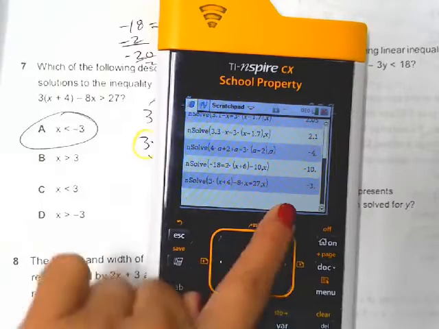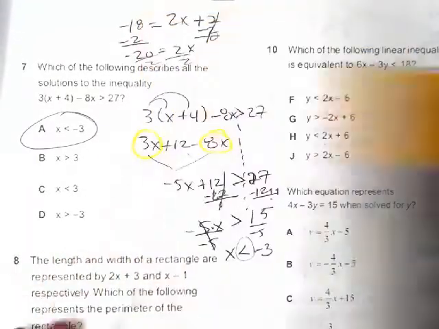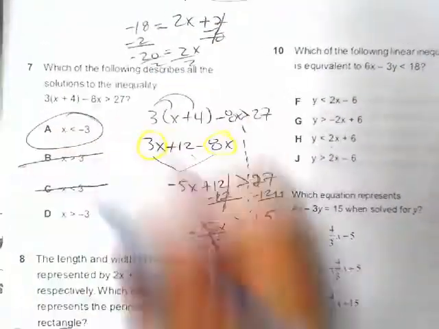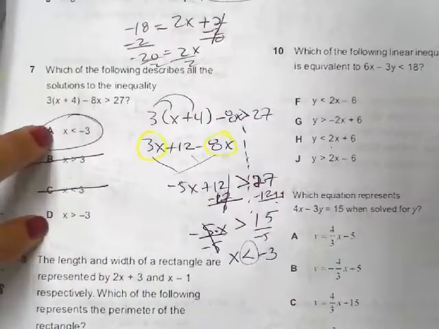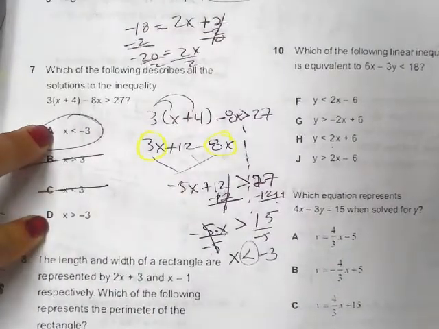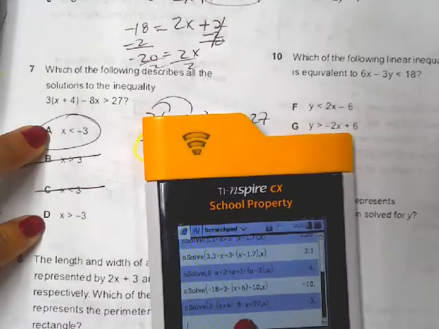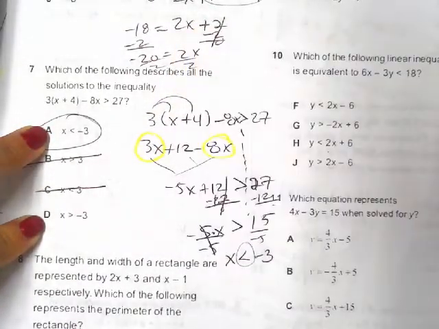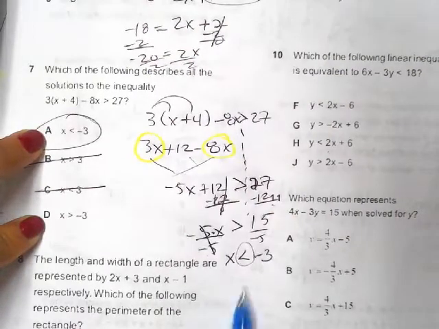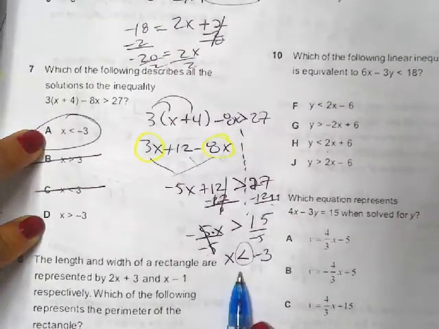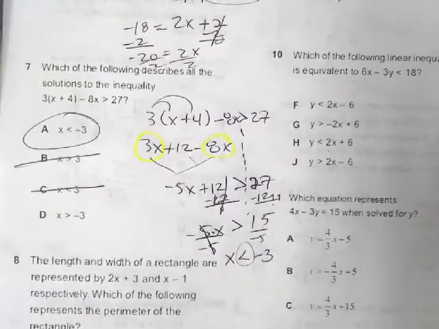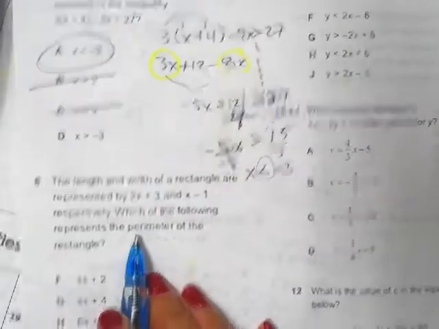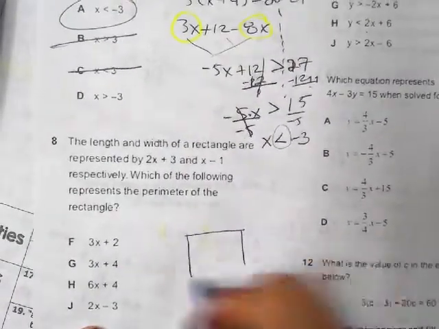At least it'll give me the correct number, and I know the answer should be -3. So at least I would have a 50-50 chance of getting this right if I wanted to use numerical solve. But I cannot use it with an inequality. It has to be an equal sign. Okay, but you have to do it by hand to figure out at the end if the inequality sign changes or not.